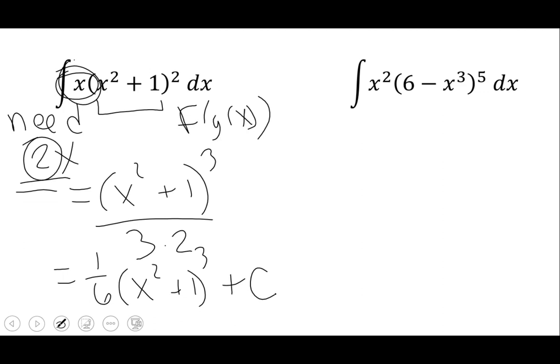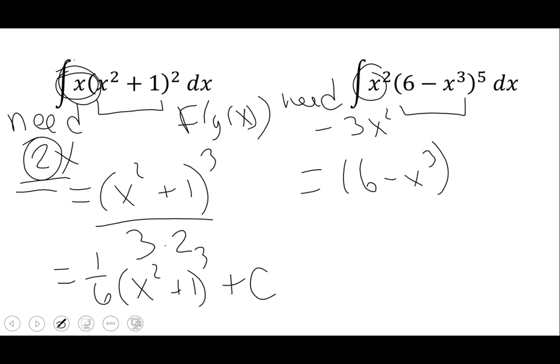In the next example, f of g, the derivative of 6 minus x cubed should be negative 3x squared, which means that you don't have exactly what you're looking for. So again, that means you're going to integrate like you normally would and then make a small compensation. So start by taking the quantity 6 minus x cubed, raise it to the 1 higher power, divided by that same power.